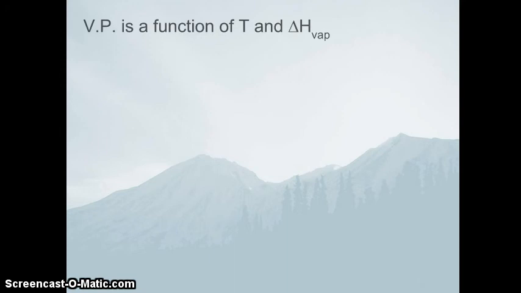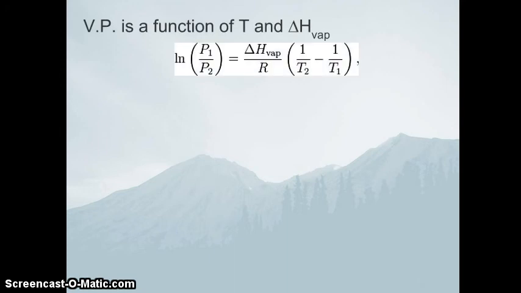Now, the vapor pressure of a particular solution is a function of temperature, and it's also a function of the enthalpy of vaporization. Remember, delta H of vaporization is basically how much energy it takes to go from the liquid phase up to the gas phase. And here is an equation that allows us to relate the vapor pressure of a particular solution at two different temperatures.